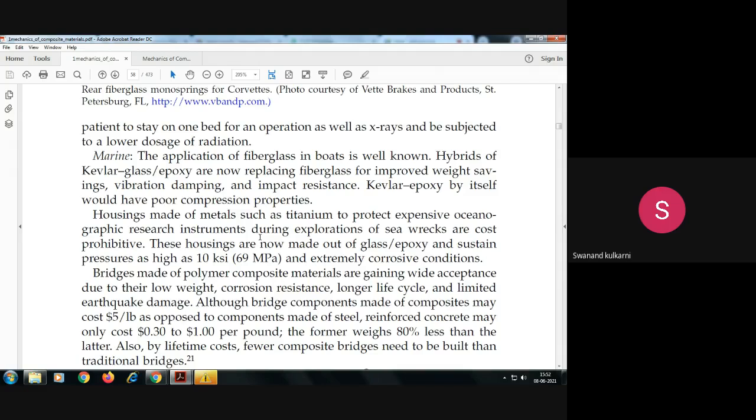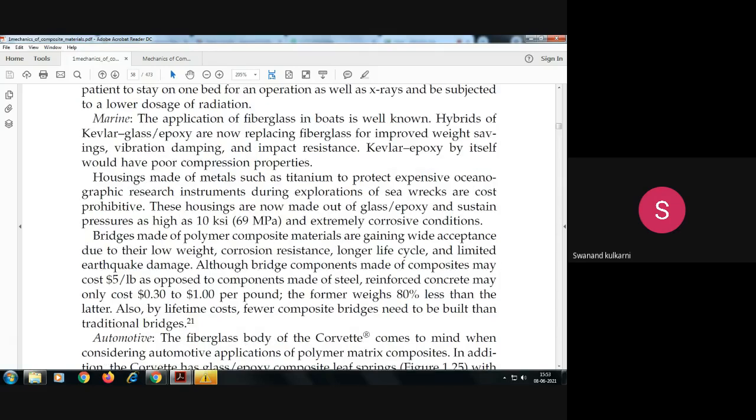And that's why this becomes an advantage. So in marine applications, the housings of these ships, previously manufactured from titanium, are now replaced by this glass epoxy type of composite material, as it has good corrosion resistance. Then bridges made of polymer composite materials are gaining wide acceptance due to their low weight. In marine applications also this is useful.